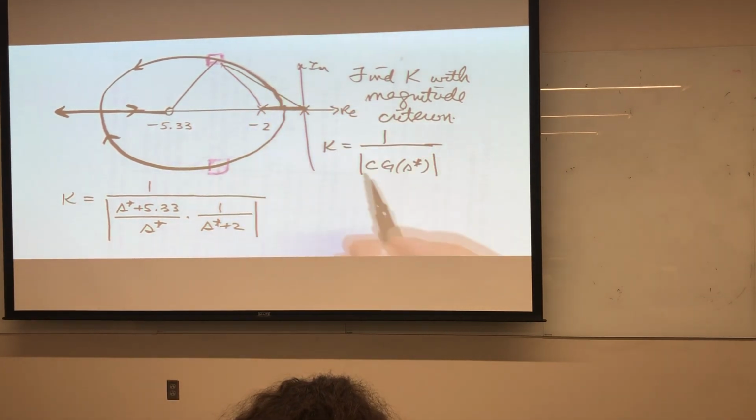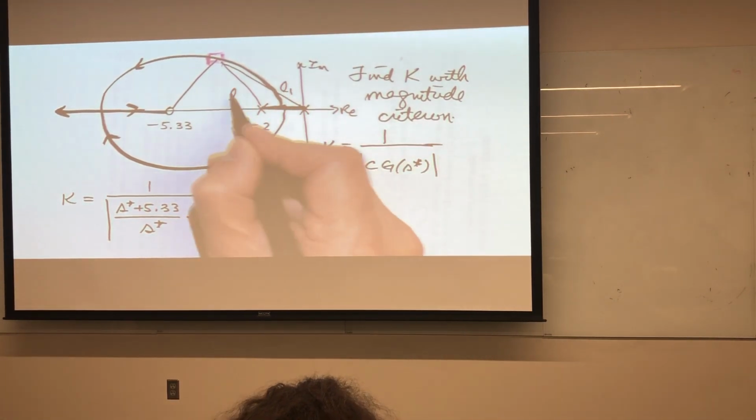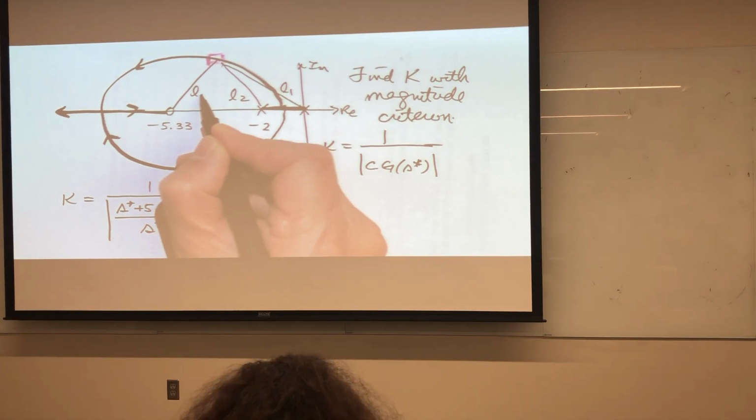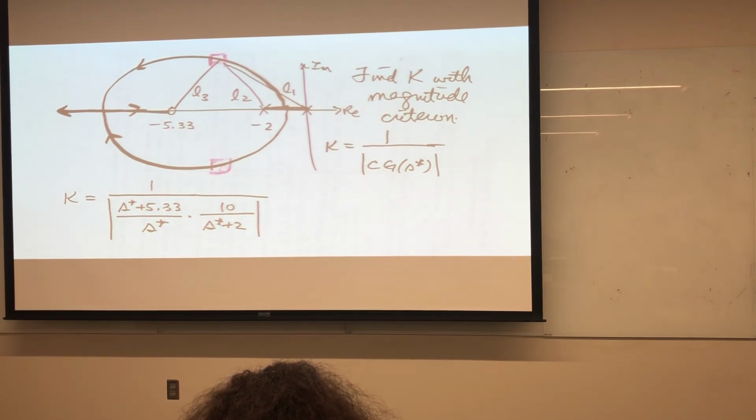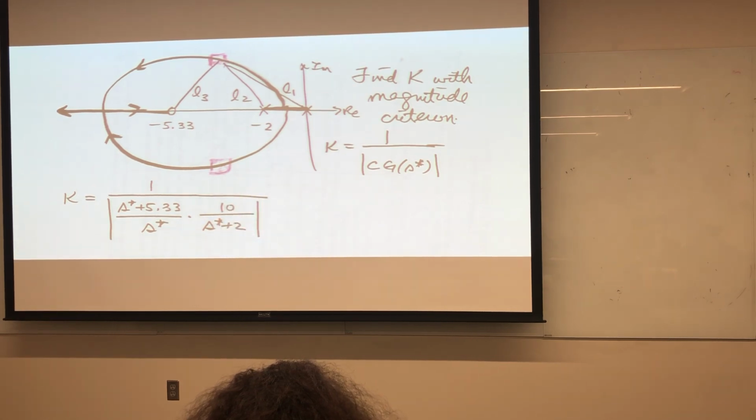So draw some lines here. Call this line L1, L2, and call this L3. Oh, I'm sorry, there was a 10 in the plant. It's an easy thing to forget. Don't forget the 10 in the plant. I think the original problem had a 10, right? Yep.